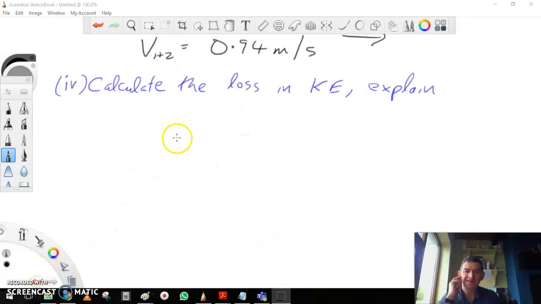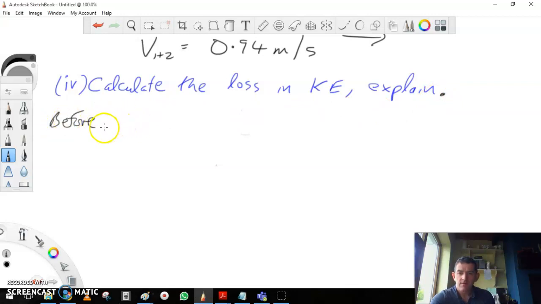Okay, part 4. Calculate the loss in kinetic energy due to this collision, and explain where the energy goes. Before the collision, the kinetic energy was a half times mv squared. The only vehicle that had kinetic energy before the collision was the only one that was moving, the 900 kilo one.